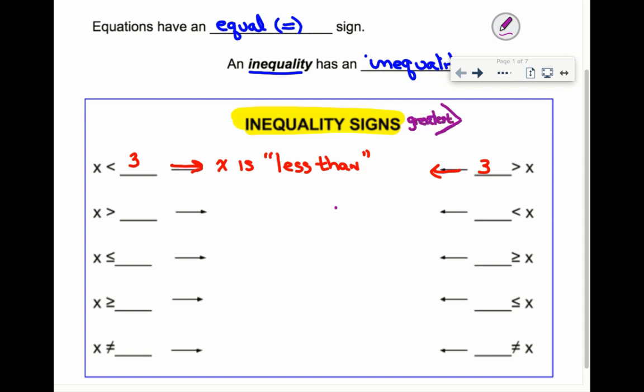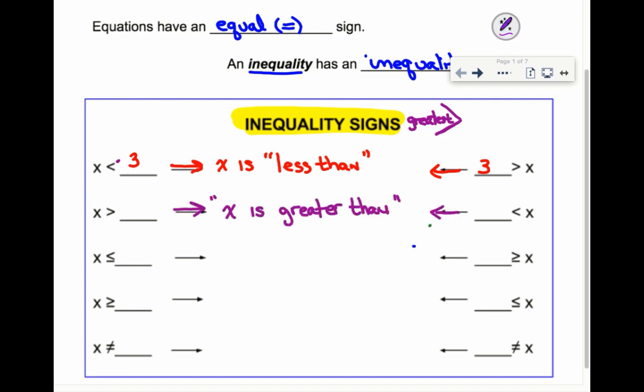Maybe your elementary teacher called it an alligator, an alligator's mouth opening and eating the bigger part. So if you look, this alligator mouth is opening toward the 3. That's why 3 is bigger. So we say X is less than 3. Continuing to look at the rest of these, when the sign is flipped, it's going to be X is greater than.